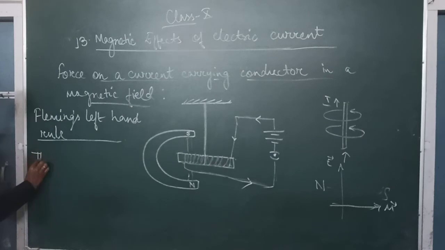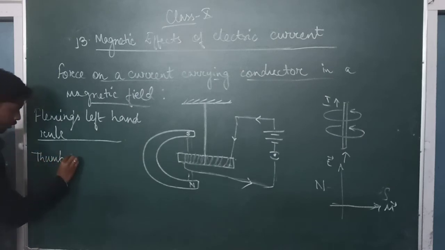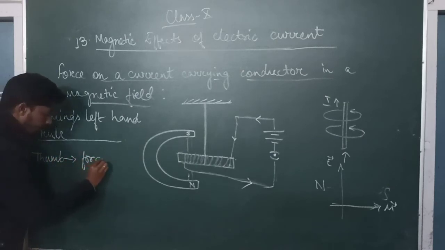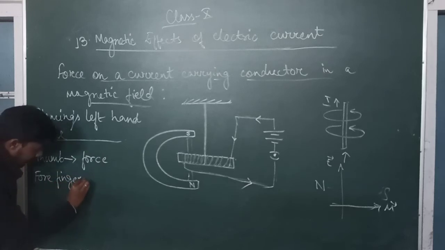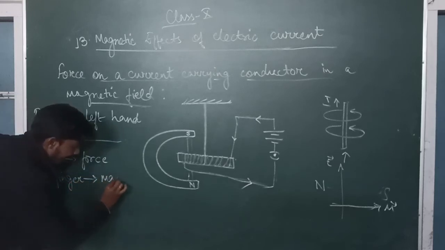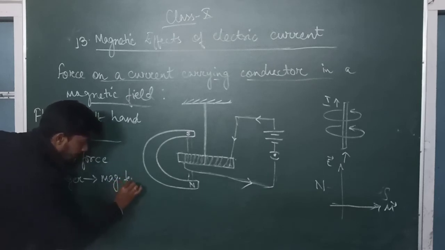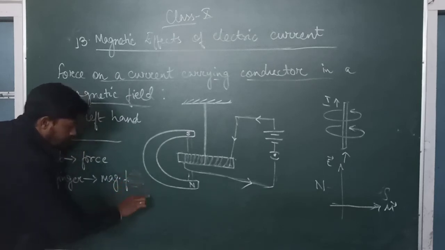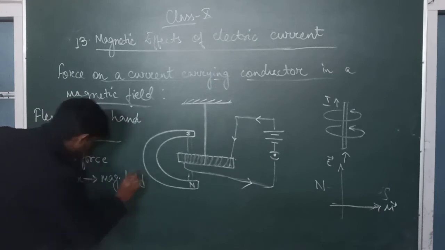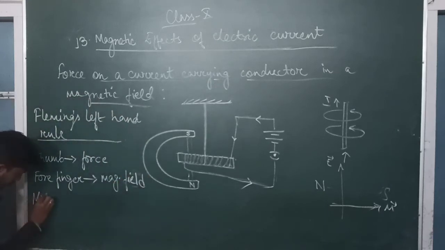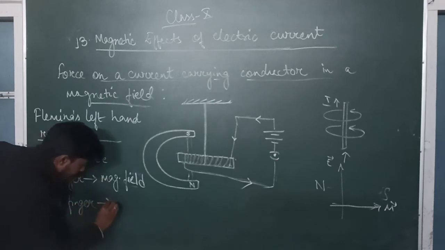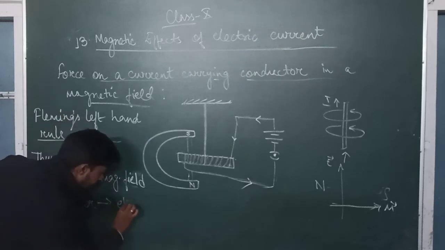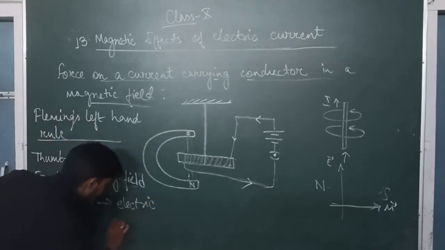So here the thumb shows the force on the conductor, the forefinger gives us the direction of the magnetic field, and our middle finger gives the direction of electric current.